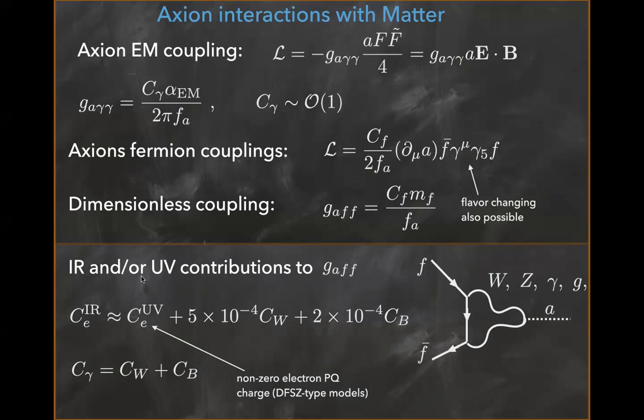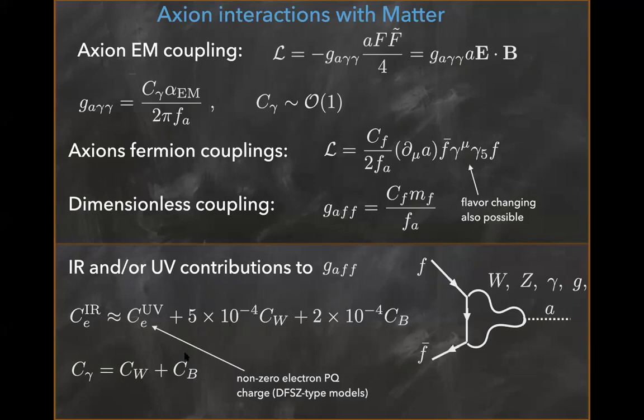But even if you don't have order 1 contributions to this coupling in the UV, you would expect to have contributions in the infrared, because this operator is generated under the renormalization group. Although the loop-induced couplings at 1 loop tend to be much smaller than order 1, because they're loop-induced. And it depends on exactly how you couple to SU2 versus U1.